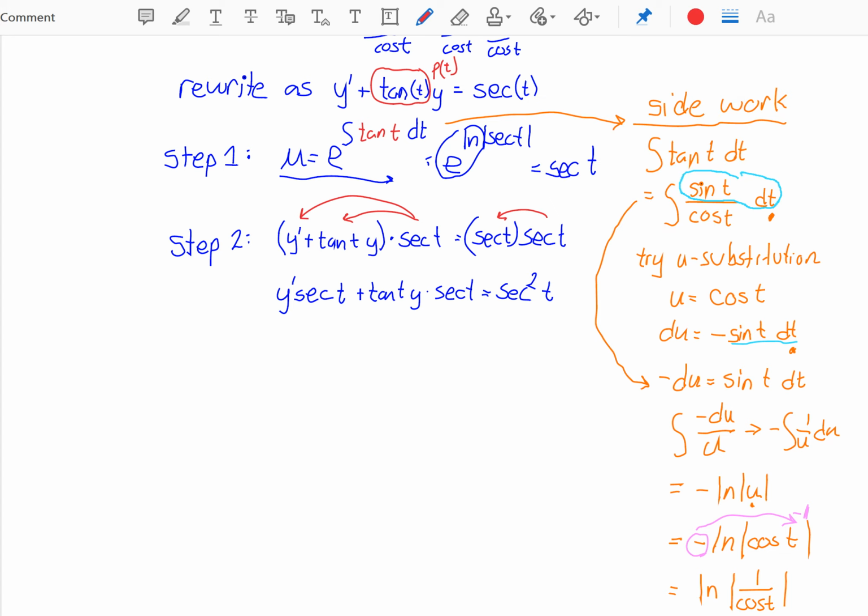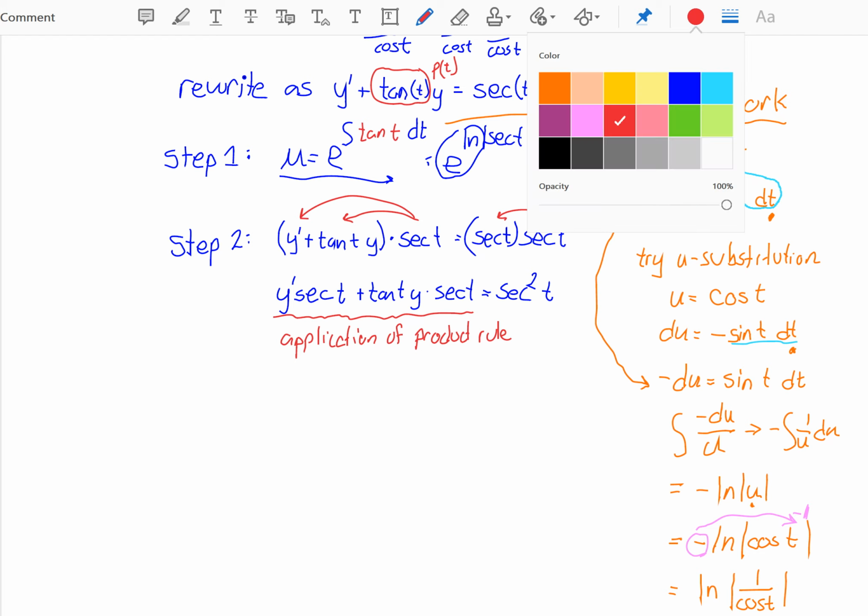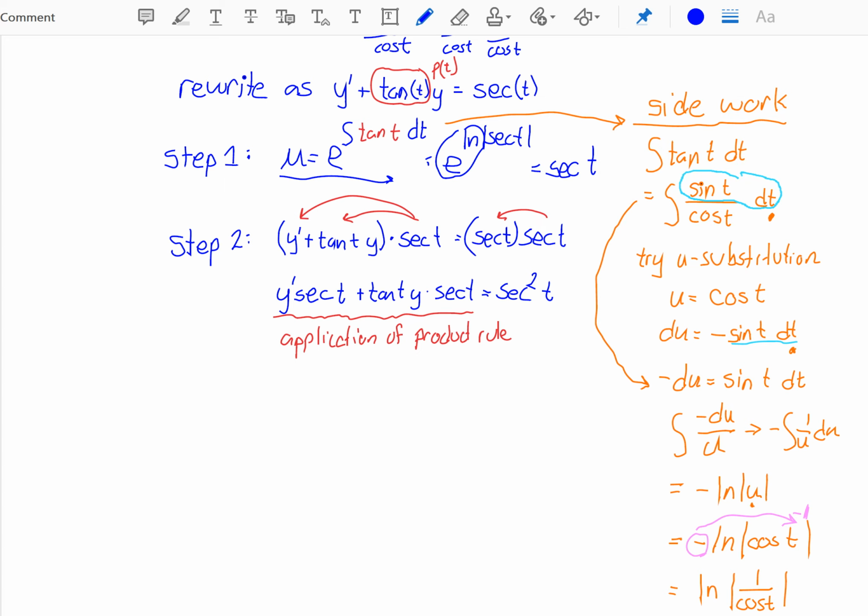Now here, the left-hand side of the DE looks complicated. But remember, this should be an application of your product rule. Sometimes recognizing this might be a little bit challenging, but what I like to do is recognize that I already know what this should look like.